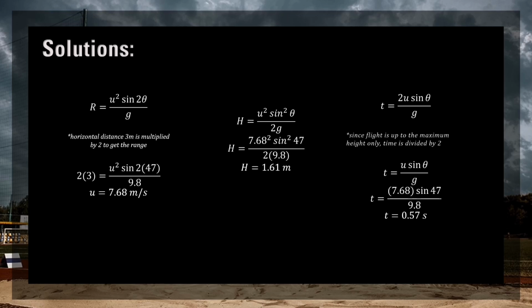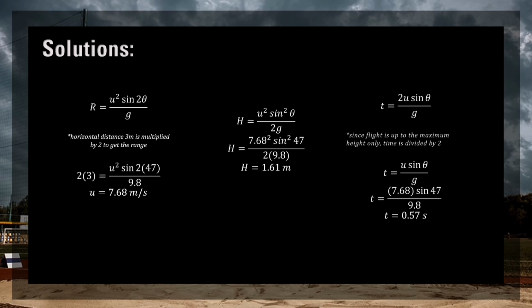And C, the time would be 2u sine theta over g. Since the flight is up to the maximum height only, time is divided by 2. From the formula 2 times velocity sine theta over g, the 2 would be cancelled because it would be divided by 2.